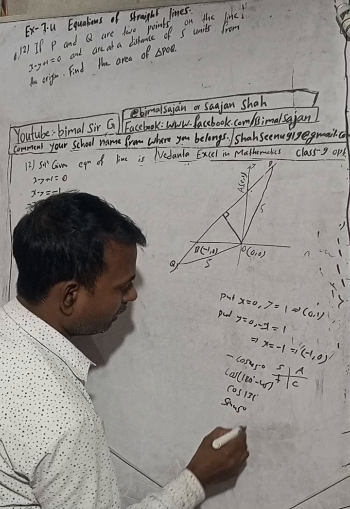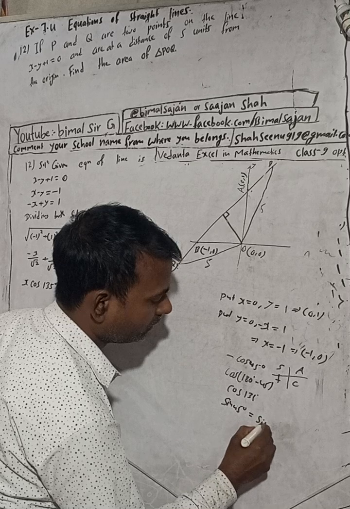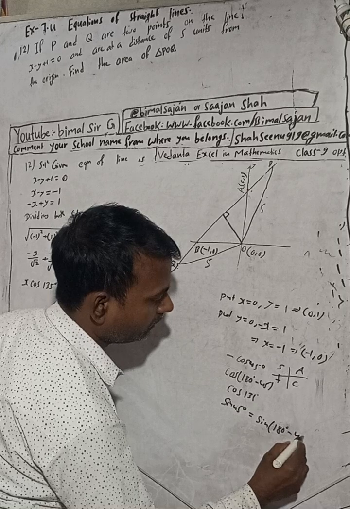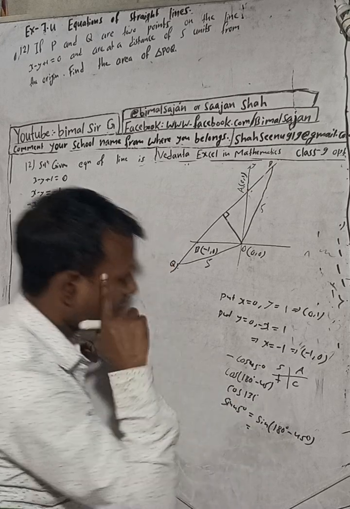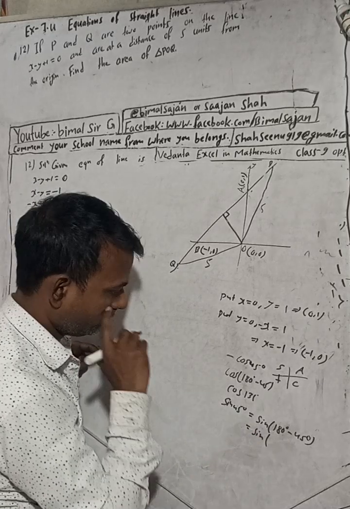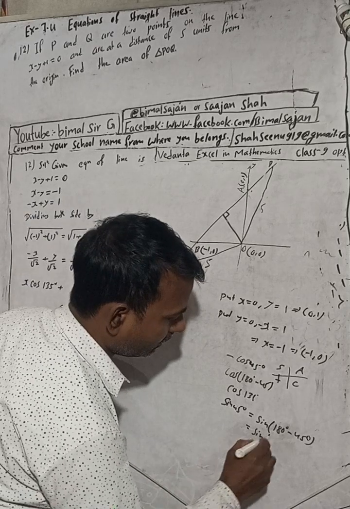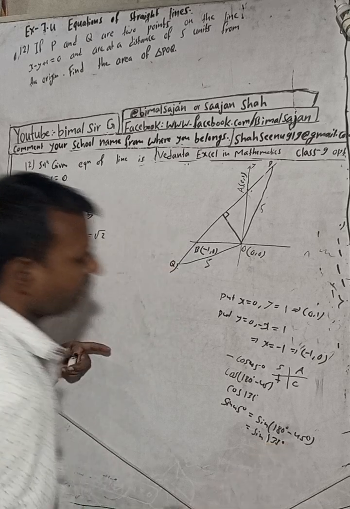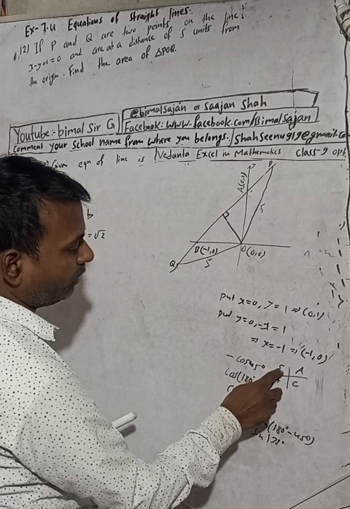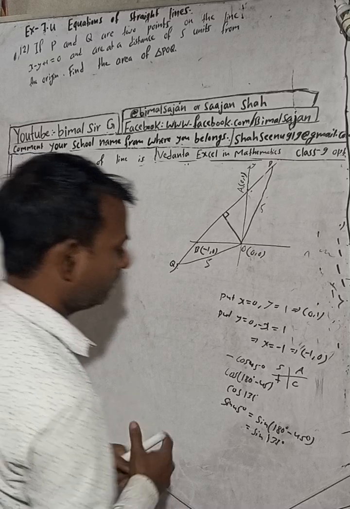If I take this value in the second quadrant, it can be written as sine of 180 degree minus 45 degree, which is the same value, sine 135 degree. In the second quadrant, sine is positive. That's why sine 45 degree and sine 135 degree are the same.